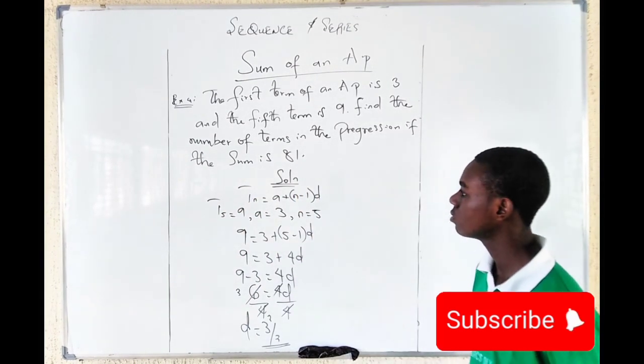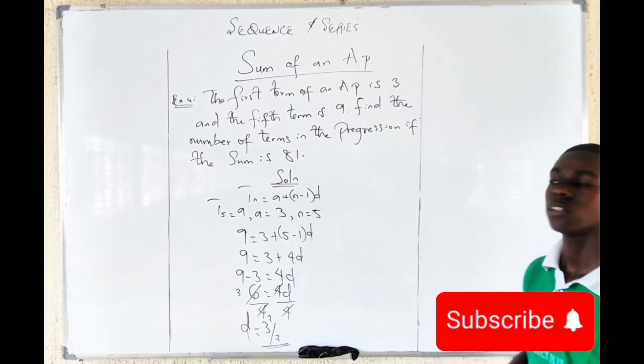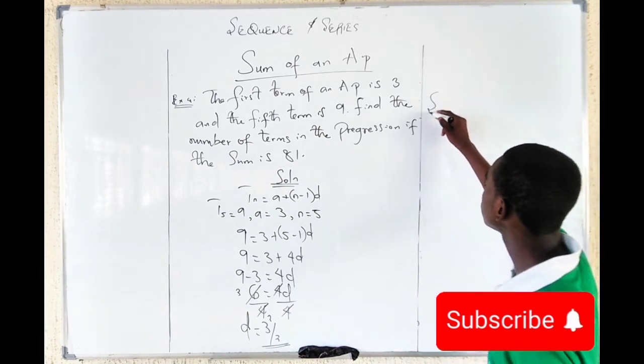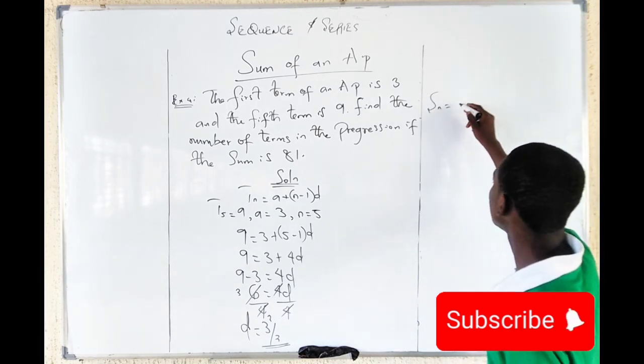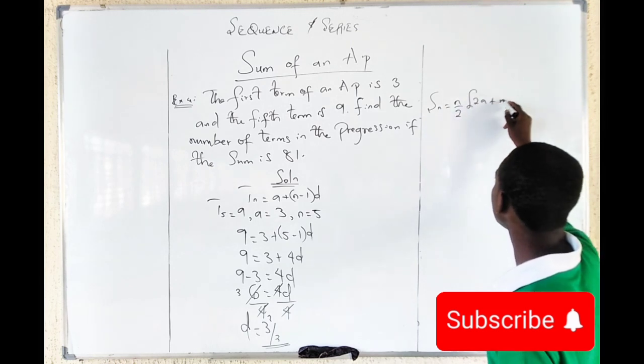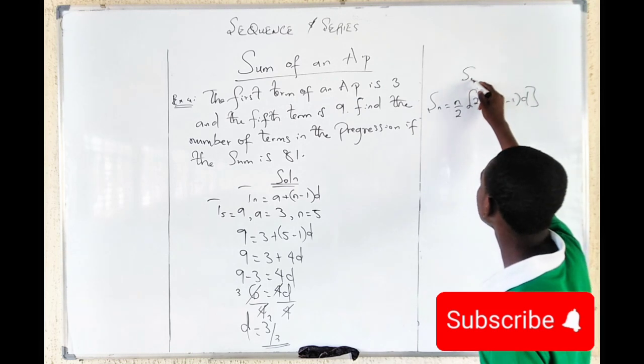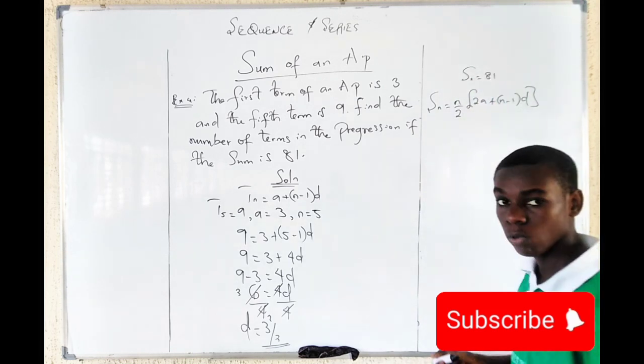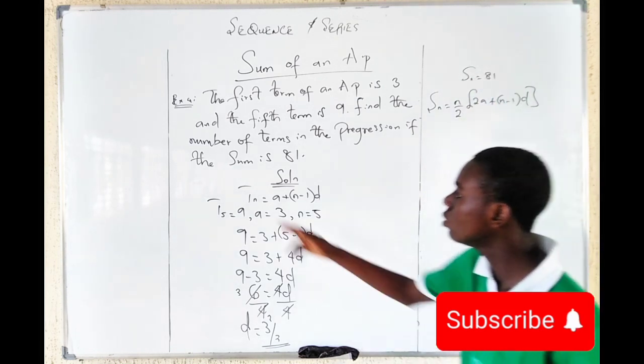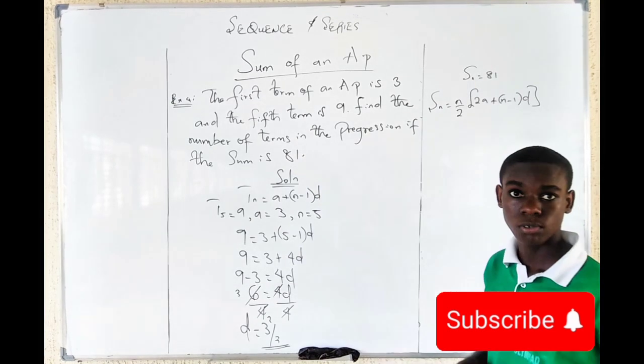So I'm going to use the formula of the sum of terms. S of n will be equal to n over 2 into 2a plus n minus 1 d. Now they're giving us the sum of terms to be 81, so I'm going to find the number of terms in the progression.